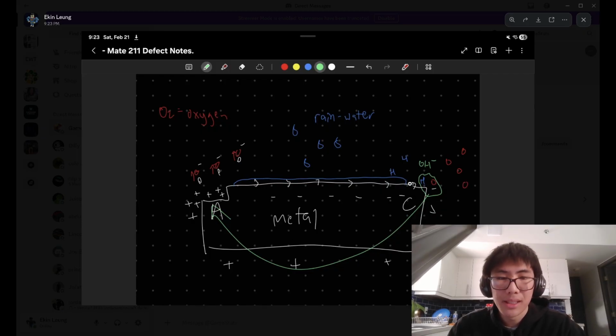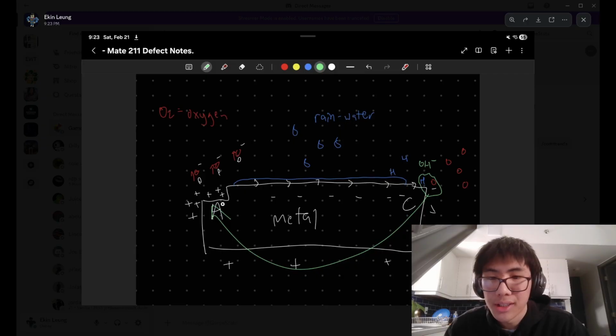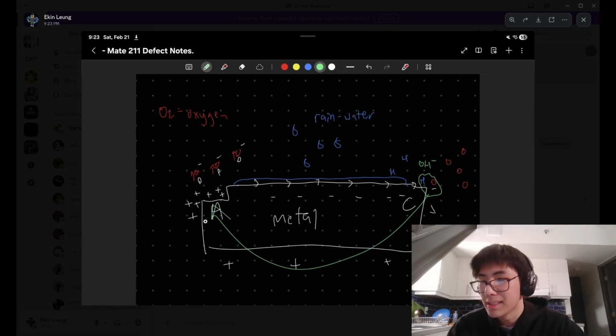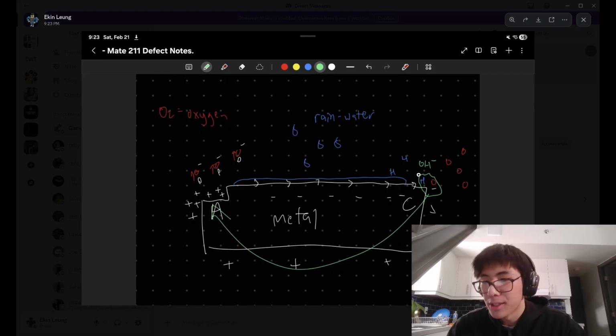These ions basically move through the water. The water is like the electrolyte, and it moves back because the anode is constantly giving out negative electrons, right? So the anode is constantly giving out electrons, and now this part is really positive. Because this part is really positive, the negative hydroxide ions, OH minus, combine with the water and flow all the way back to the start.